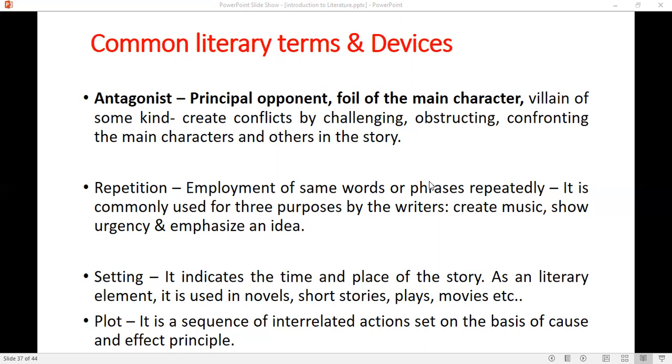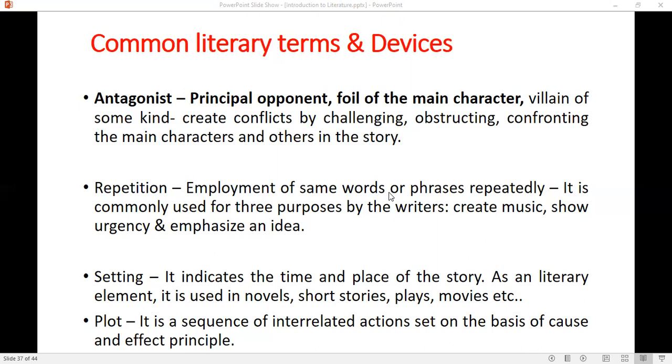Second, to show an urgency. Third, to emphasize an idea. When you identify the technique repetition, you can see why this has been used in the particular literature text.